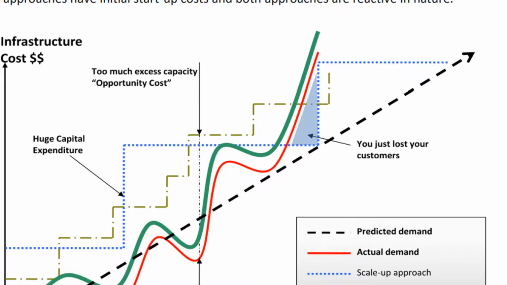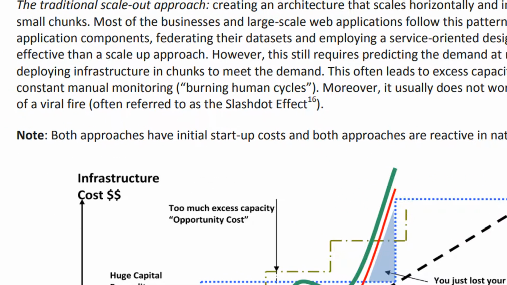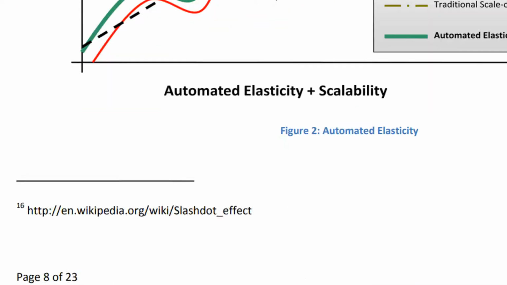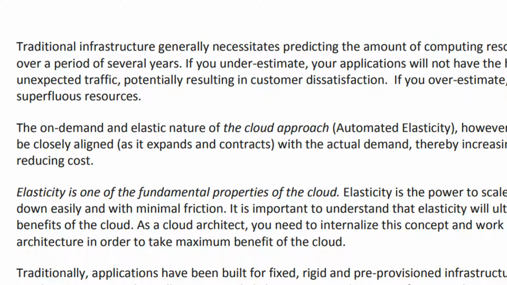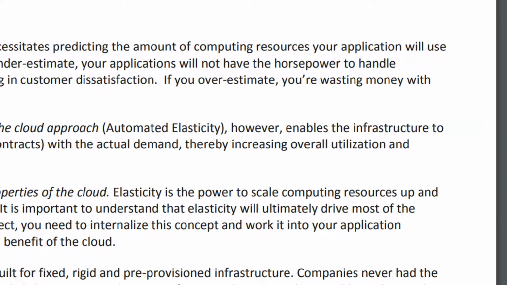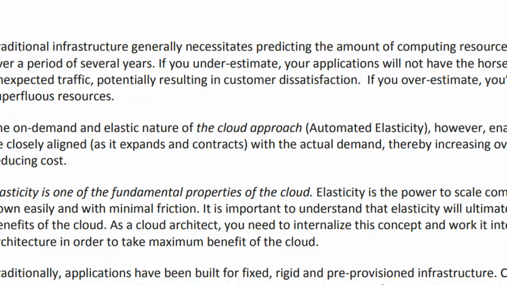So as you can see, it allows you to traditionally scale out as your load is increasing. The on-demand and the elastic nature of the cloud infrastructure enables the infrastructure to closely align with the actual demand. That's the biggest benefit.